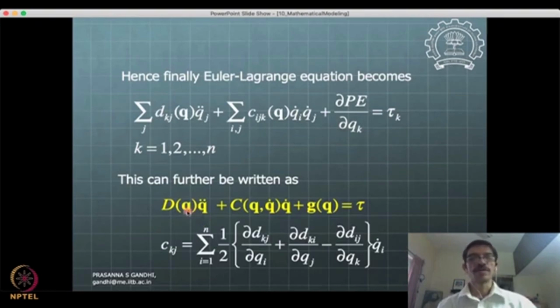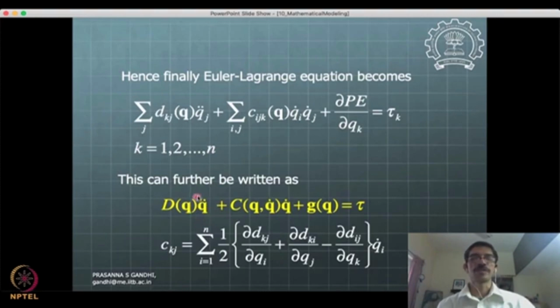For that you will have to push the c term and g term to the right hand side, and then multiply the entire expression on the right side by D inverse to isolate these q double dot terms. Once you isolate them, then only you can use them in your simulation for getting the ODE45 simulation going. For the simulation, you'll need these q double dot isolated terms.